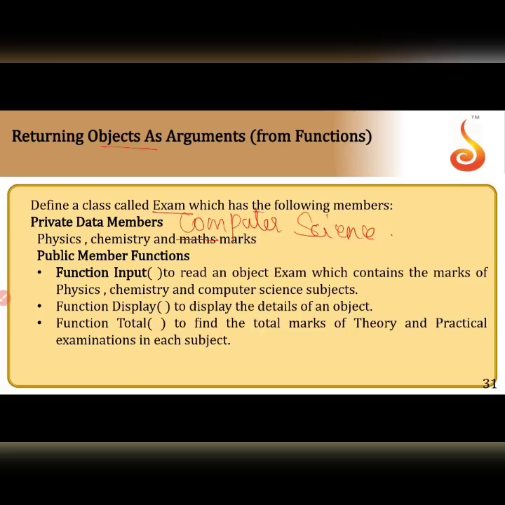You need to display the theory marks separately, display the practical marks scored separately, and then you need to find the total of theory and practical marks in each subject, and you need to return an object from a class. Fine. This one you need to do. This is the program statement. Please have a look and make a note of this.